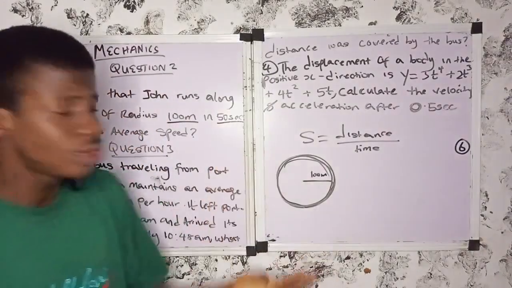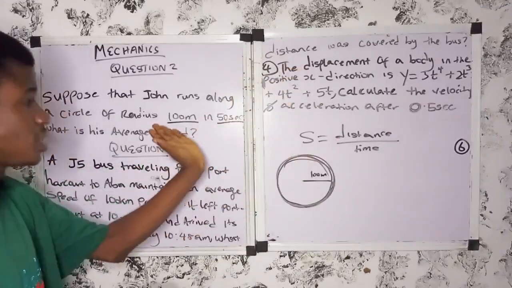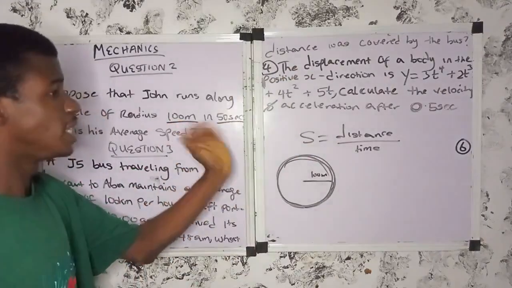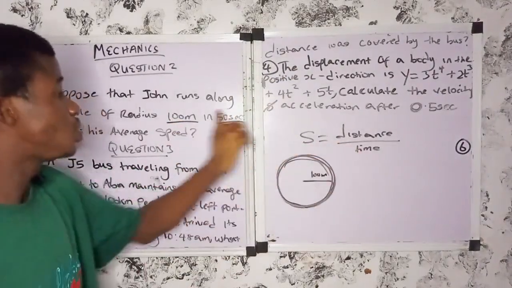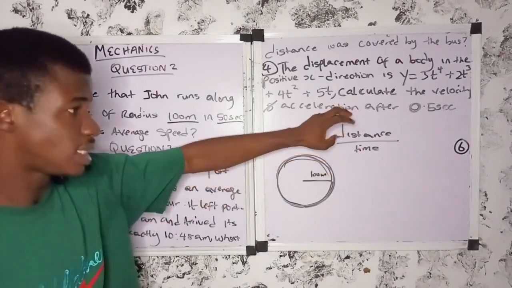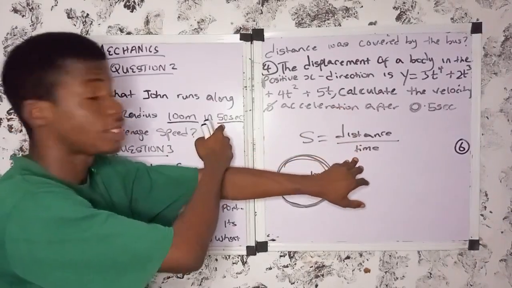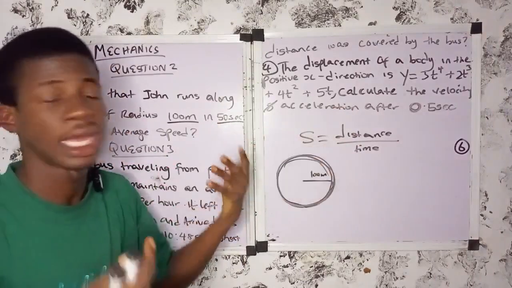So how are we going to do this? In this question, they only gave us the radius. They didn't give us the distance. We are going to use this radius to look for the distance. Once we get the distance, we divide it by the time given, which is 50 seconds, and we have our speed.